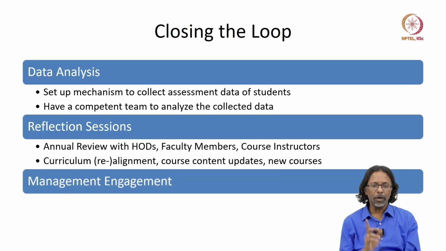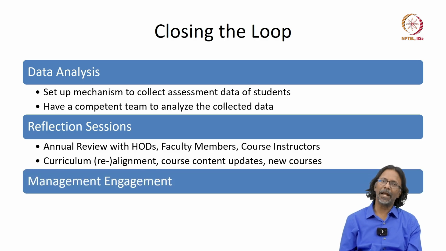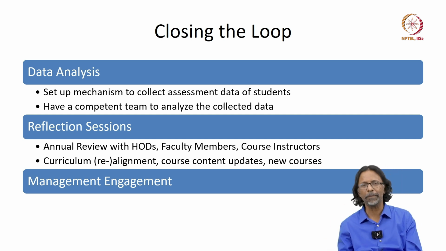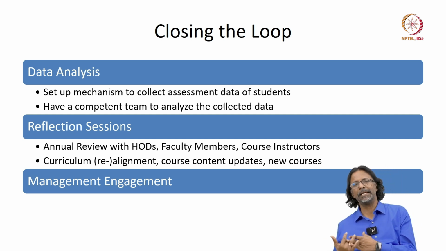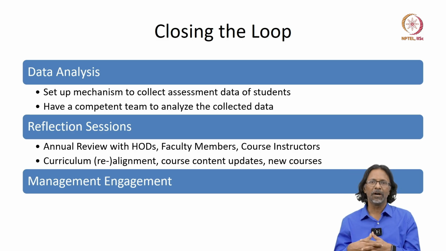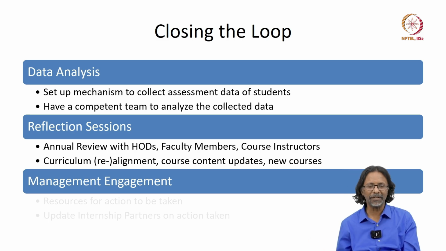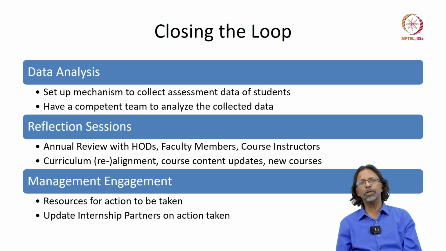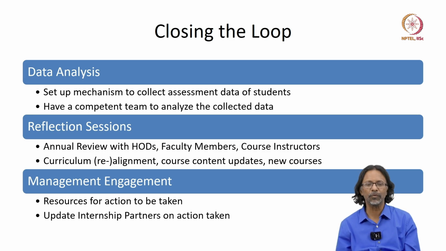Once we have done that, we need the management to also engage. When I'm talking about management, I'm talking about the academic council level, or the board of studies level, or various levels, because we may need to provide resources for action to be taken.